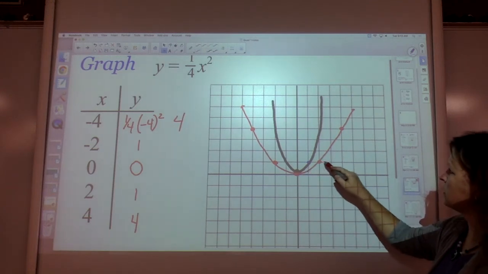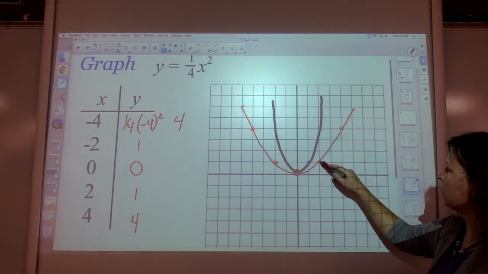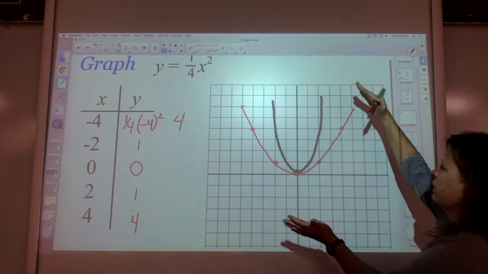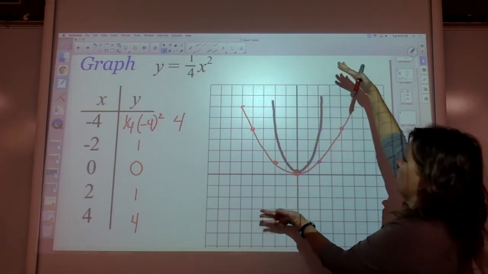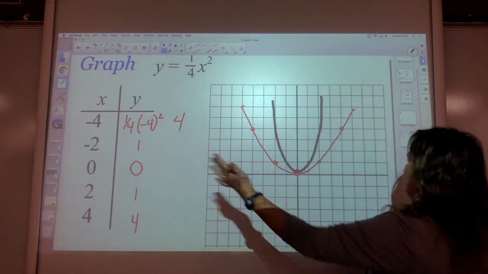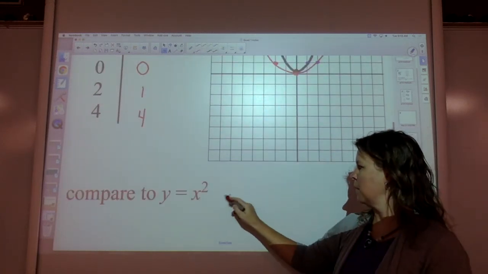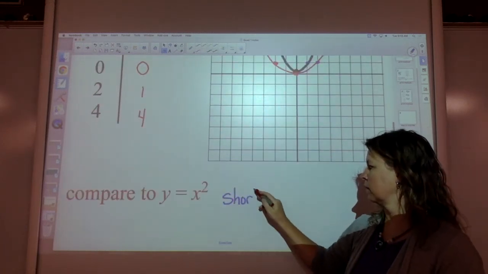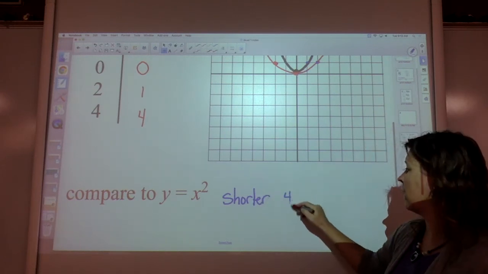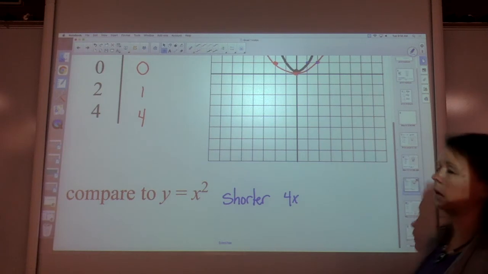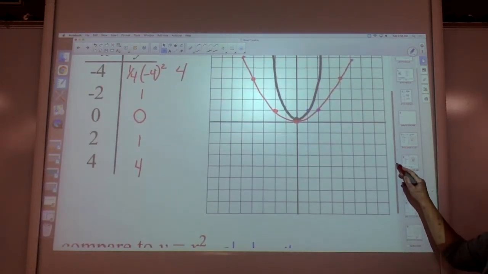It was supposed to be at 2, 4, but instead of being at 2, 4, it's only at 2, 1. So this graph got shorter. When you shorten the graph, it of course looks much wider. What happened to it? It is shorter. And you could say 4 times shorter than it was before. Every point that it was now becomes divided by 4.